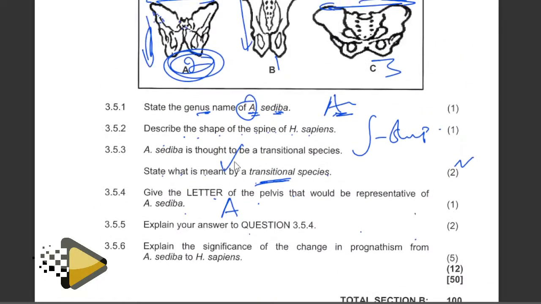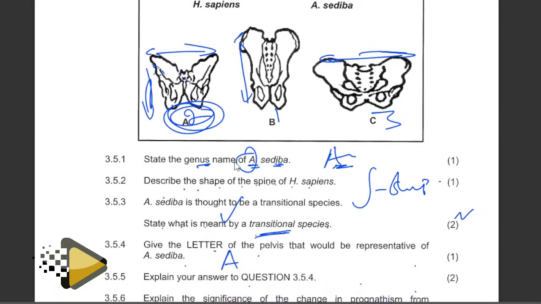Explain your answer, because now you have to relate these two. For Australopithecus sediba, this A, the pelvis is not as wide as C and is not as narrow as B. Not as wide means that it is wider than this, but still is not as narrow as this.